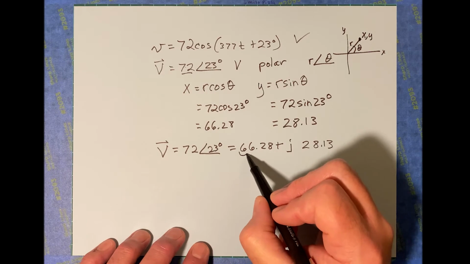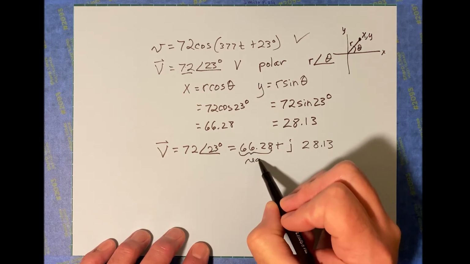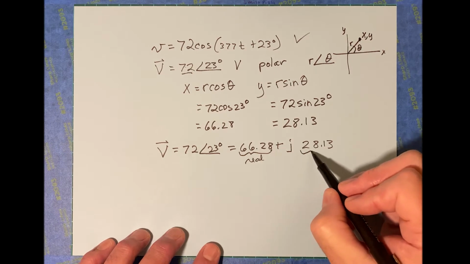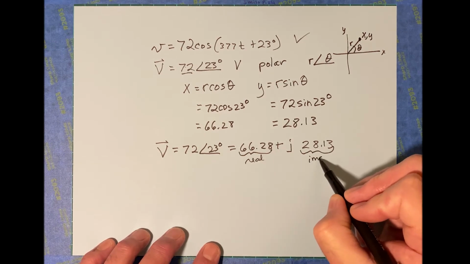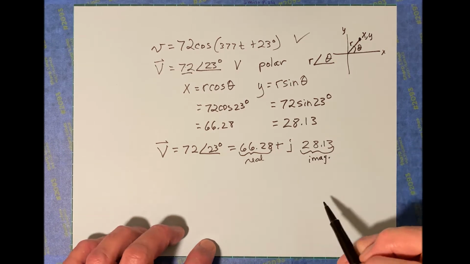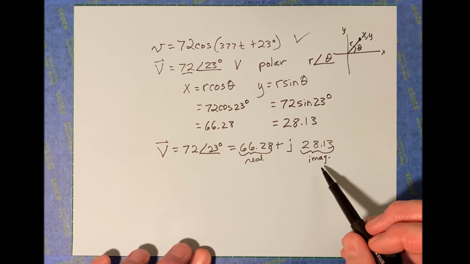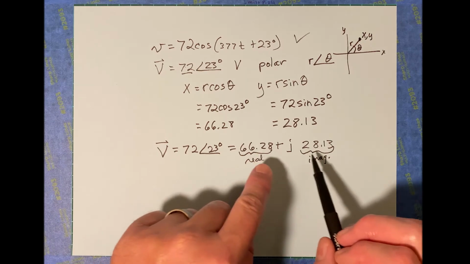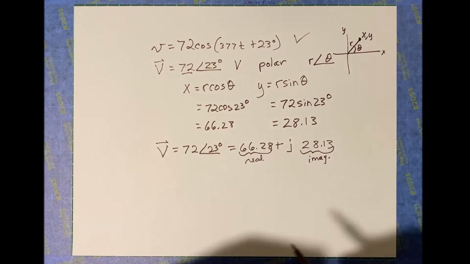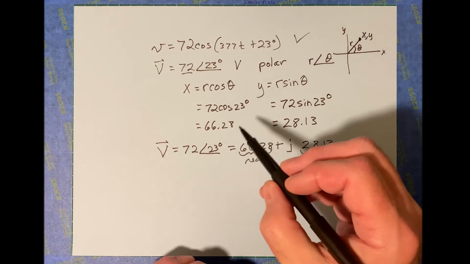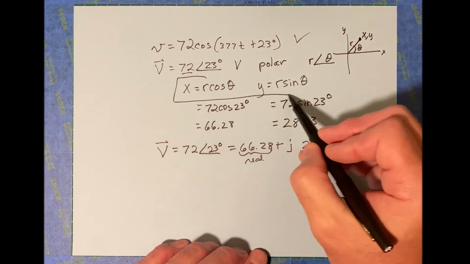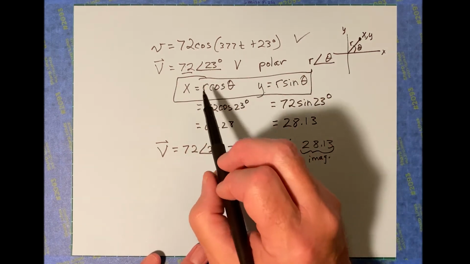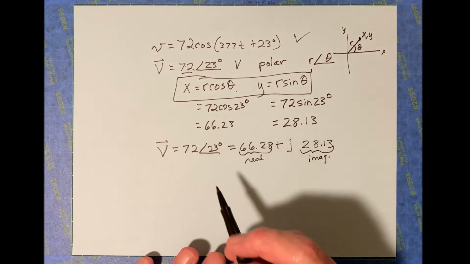So this becomes the real portion of a complex number. This becomes the imaginary portion of the complex number. So if I wanted to go from polar to rectangular, you need to be able to do that. Here's the equations to go from polar to rectangular. In other words, to go from r and theta into x and y.